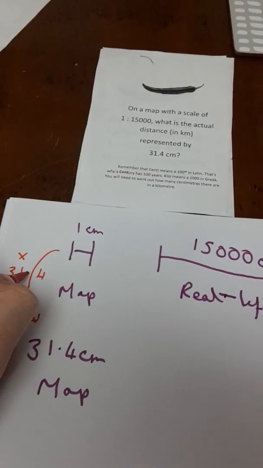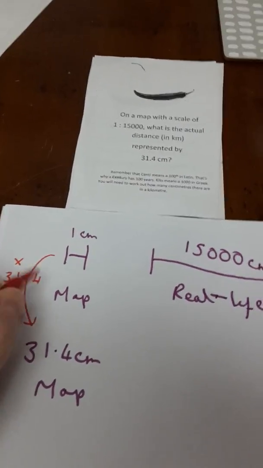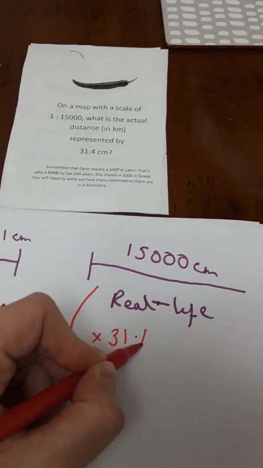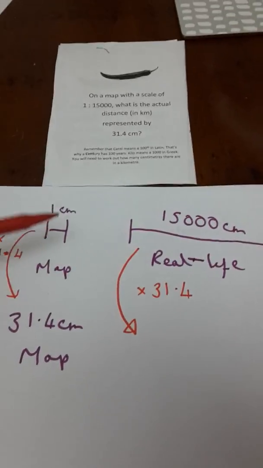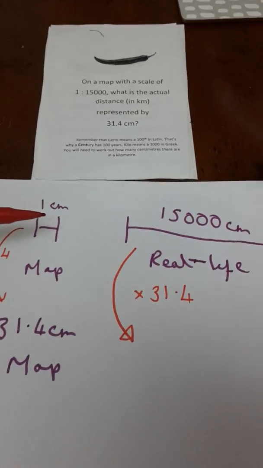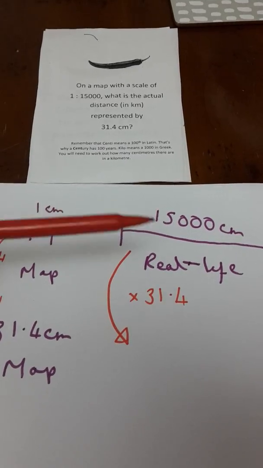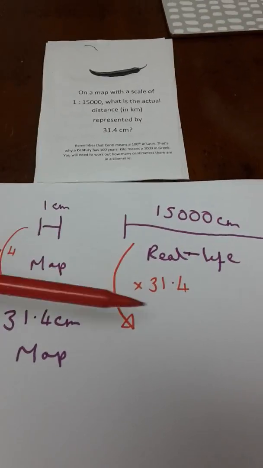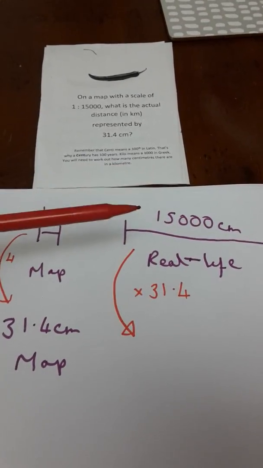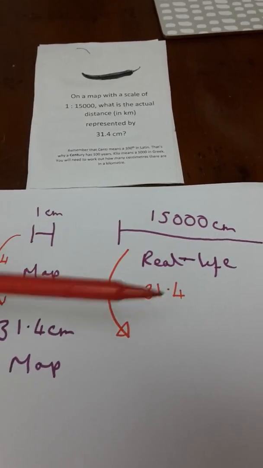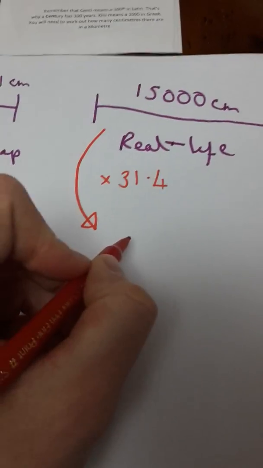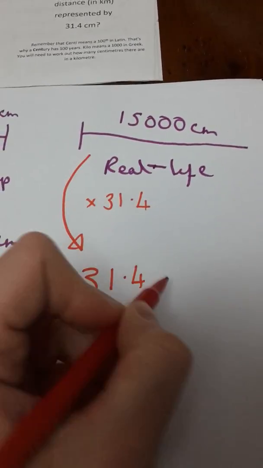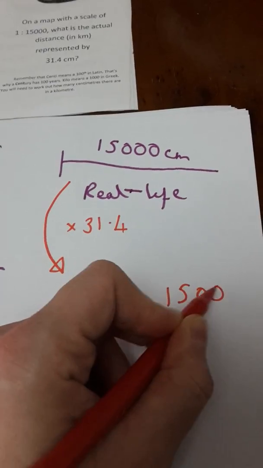That means I have to have 31.4 lots of this number too, because for every 1 centimetre, I have 15,000 centimetres in real life. So I'm going to multiply 31.4 by 15,000.